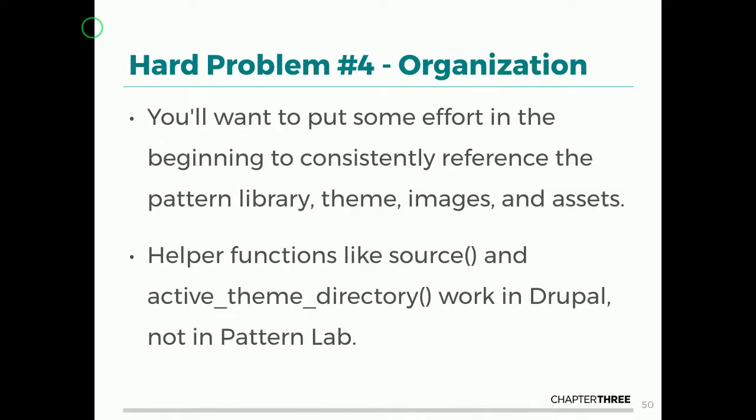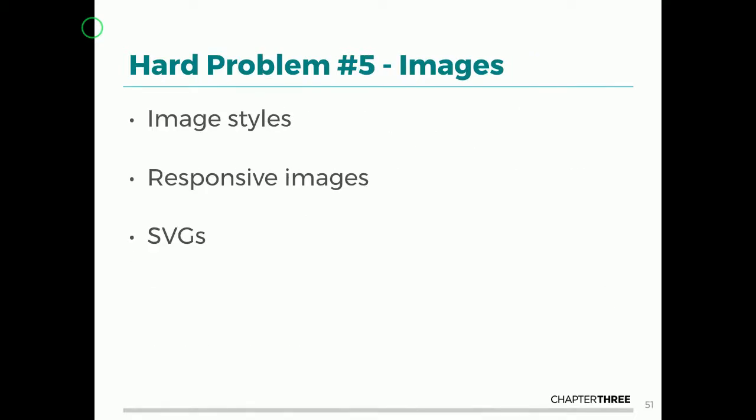Fourth hard problem, organization. You definitely want to put some effort in the beginning to consistently reference things, because Pattern Lab is flexible. You do have to find a way to be opinionated about it. Your helper functions like source and active theme directory will work in Drupal but not in Pattern Lab, so you have to figure out how you're going to be consistent.